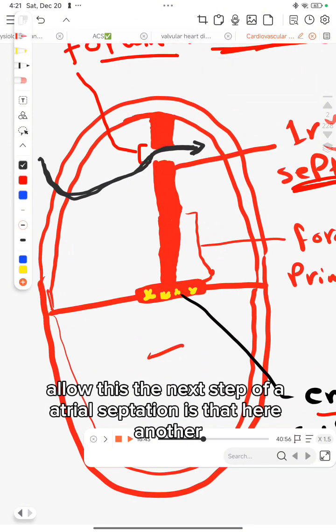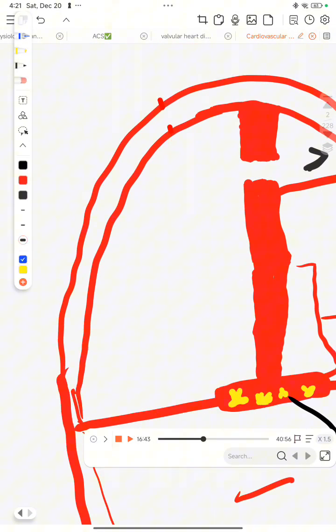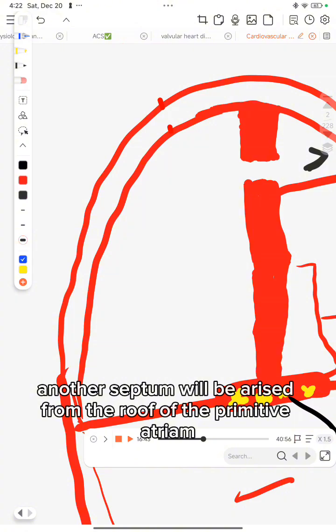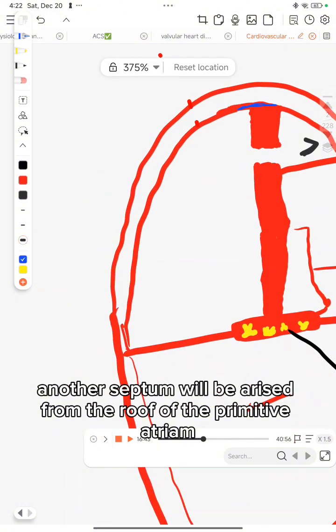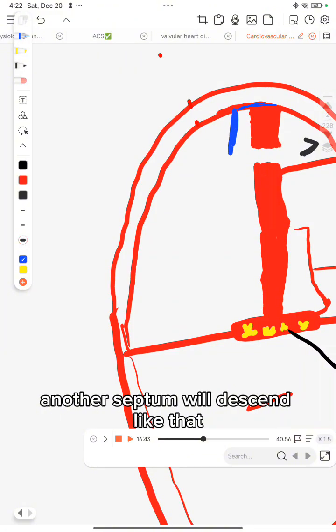The next step of atrial septation is that another septum will arise from the roof of the primitive atrium. So here, at the right side of the septum primum, another septum will descend like that.